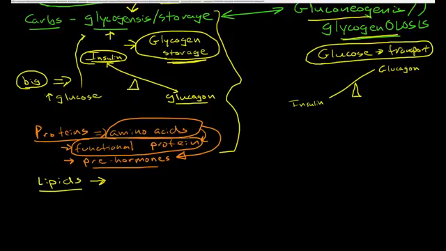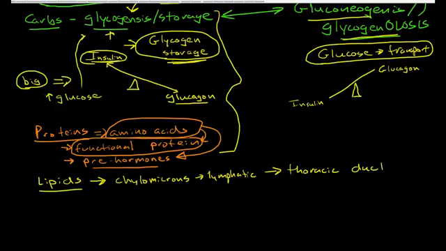They are actually packaged into chylomicrons, and they're too big to get absorbed into the bloodstream, so they end up draining through the lymphatic system, and in the lymphatic system they drain into the thoracic duct. So they work their way up through the chest and drain into the thoracic duct up in the left subclavian vein.